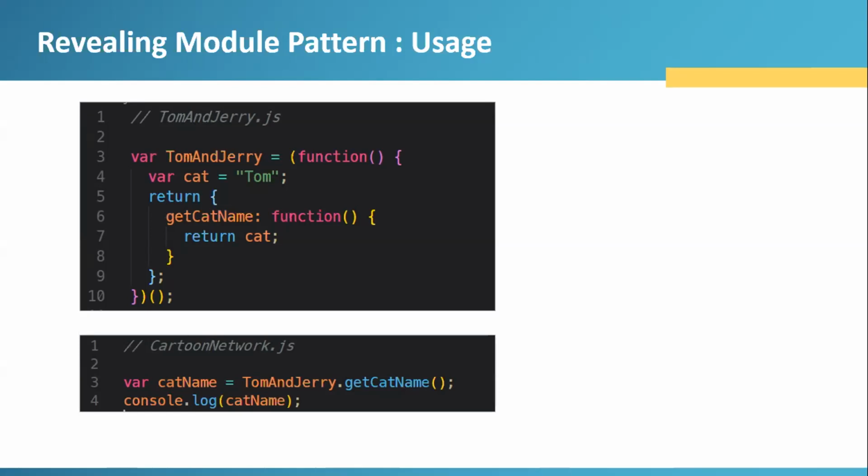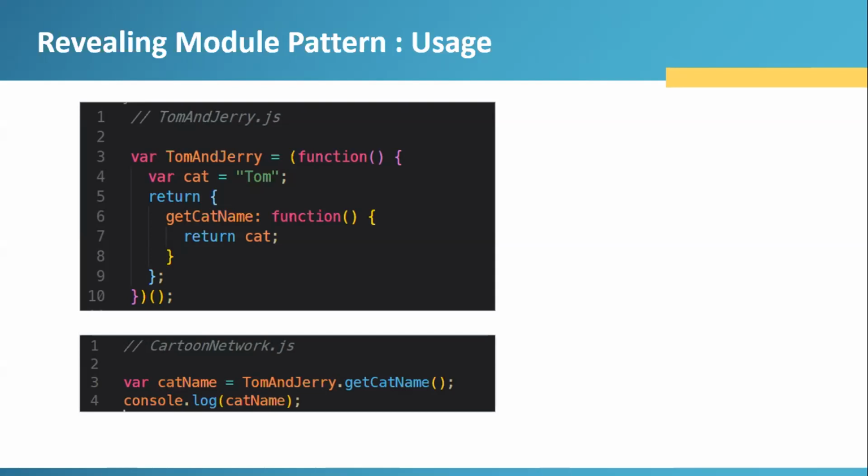Now, the main thing to note here is, in the cartoonnetwork.js file we have that TomAndJerry object, right? In line number 3, we're using TomAndJerry.getCatName. One thing to note here is we have not defined a TomAndJerry object anywhere in cartoonnetwork.js, right? But how are we getting this TomAndJerry object? How does the JS runtime know from where we are getting this TomAndJerry object, right?